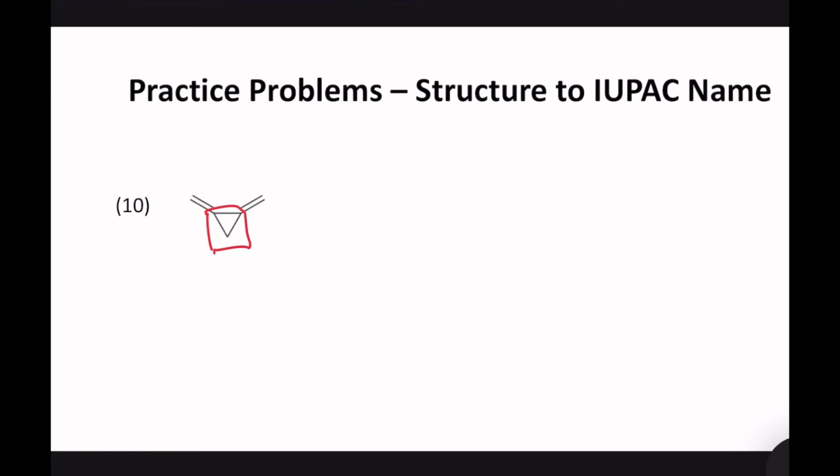Remember, whenever you have a CH2 unit attached with a carbon-carbon double bond attached to the parent chain, then we need to call that as methylidene. This one is a methylidene unit.